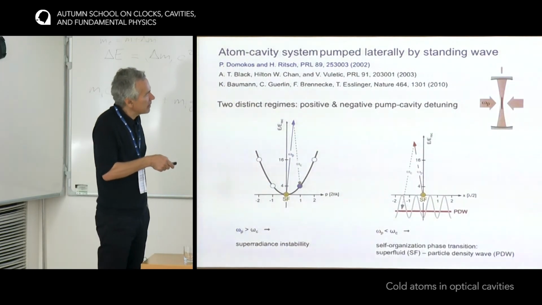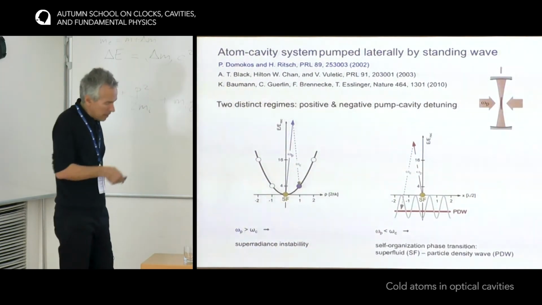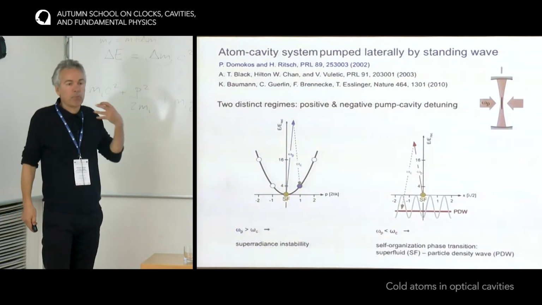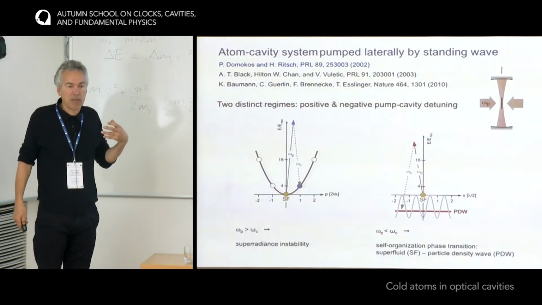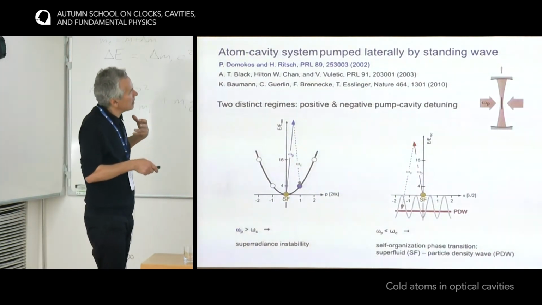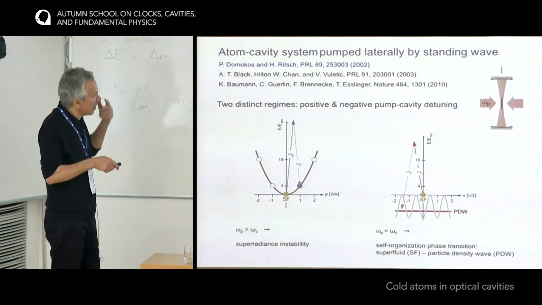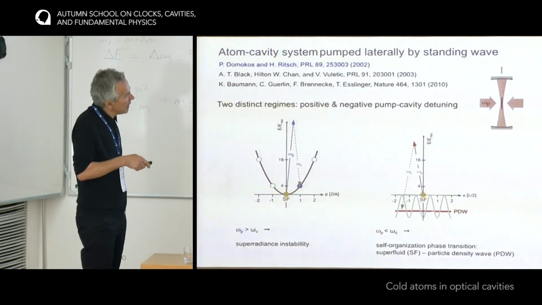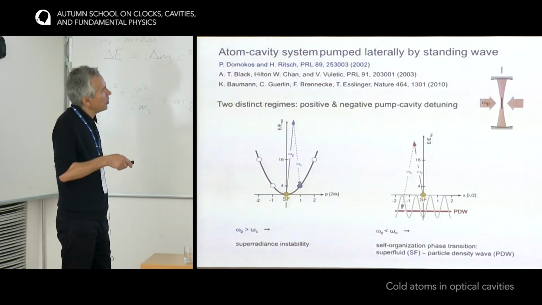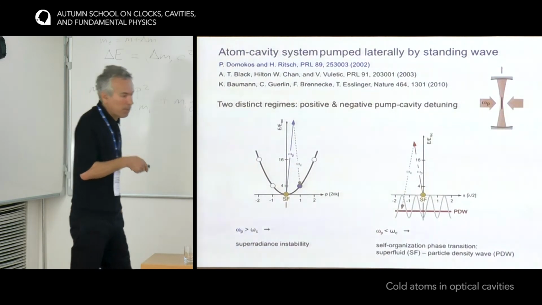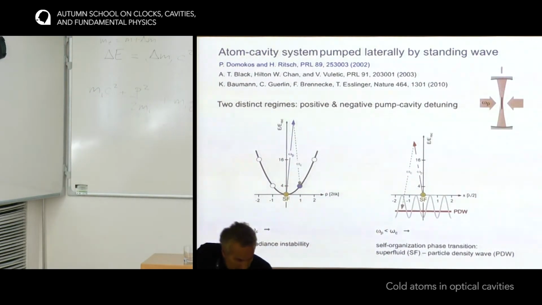And once this is established, then this lattice can self-support by fulfilling the Bragg condition for 90-degree scattering. So it is, I think, hopefully clear that there is an expectation that for red detuning you might have something new rather than simply exciting the system. And this is in fact the case.